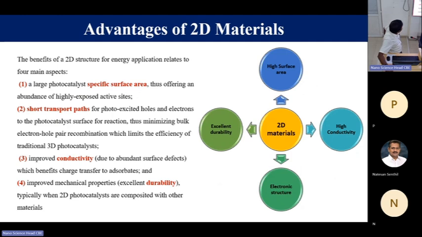Okay, these are some more advantages of two-dimensional materials. You can see on the right side what I have already mentioned. Again, these have excellent durability too. For example, when using pesticides on a plant, it has to be released sustainably in the plant.